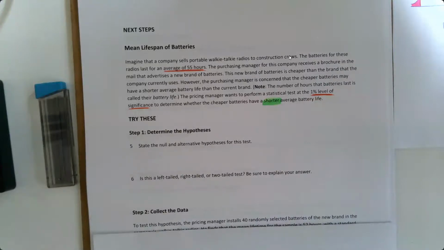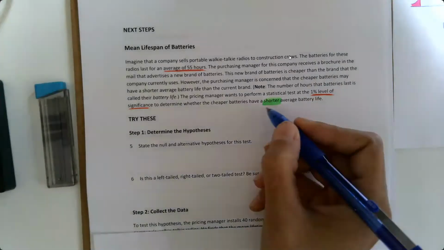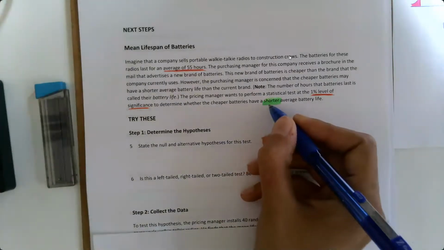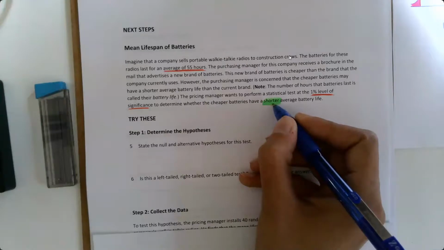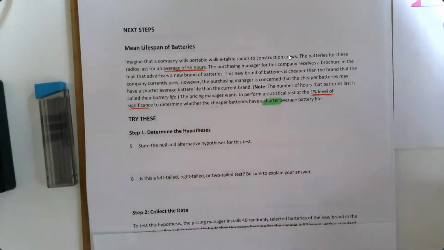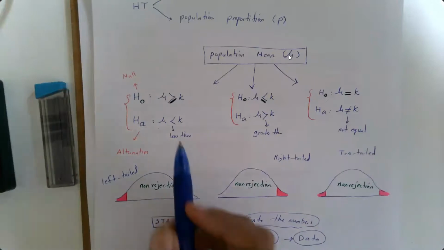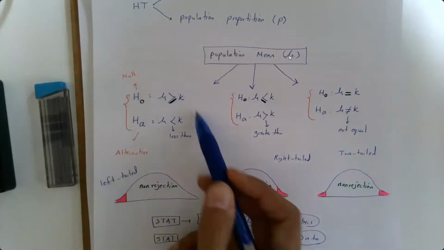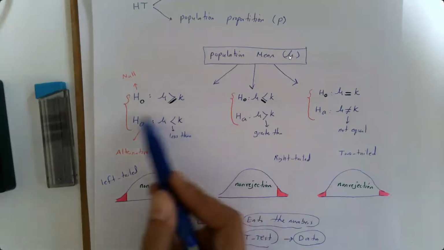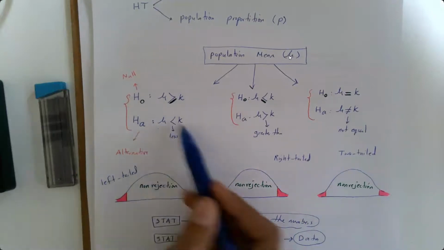It means that my alternative hypothesis is given. Shorter, smaller, less than. This is the first scenario. And in this question, the alternative hypothesis is given to me.